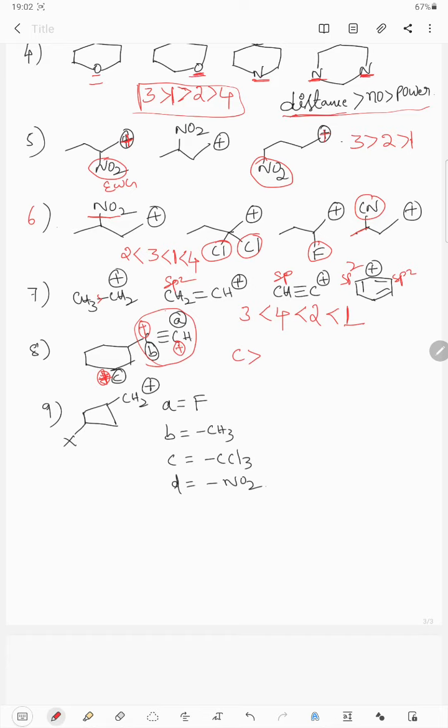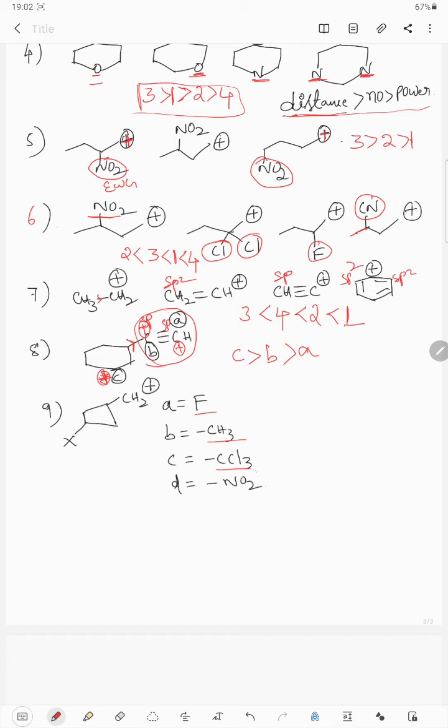Next, B and A. If you take the positive charge on this carbon, beside it an sp carbon is there, and on the left side an electron donating group is there, that's why B is more stable. Then it comes to A. The A carbocation has only an sp carbon, which has electron withdrawing character, that's why A is least stable.